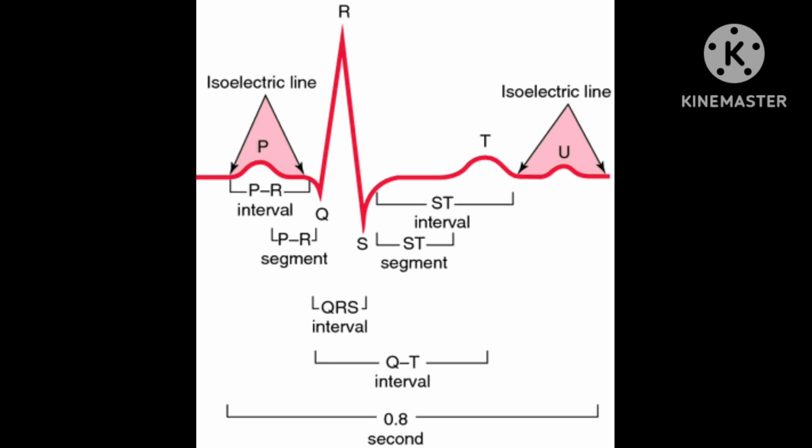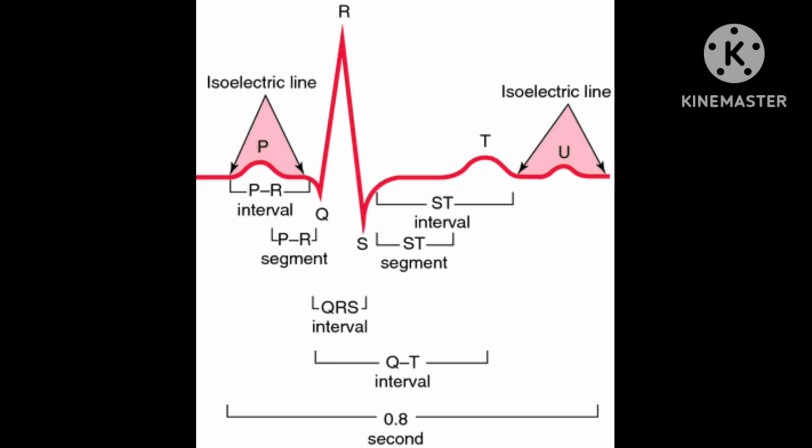It represents the time required for an impulse, a current impulse, to travel through the heart. Heart has four chambers. From one chamber to the last chamber, from the first to the fourth chamber, this current has to flow.